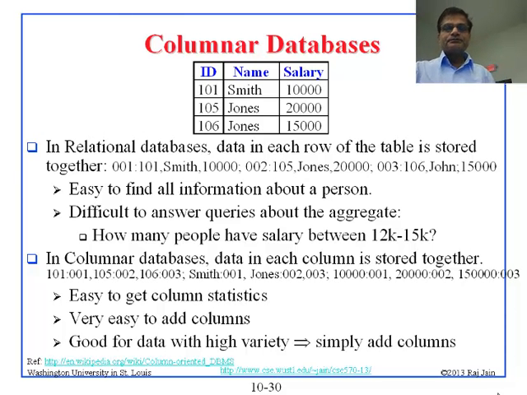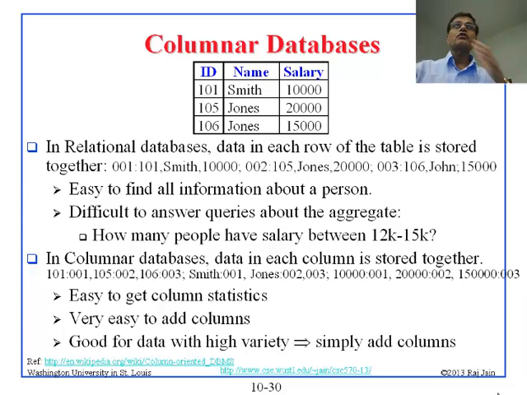All right. So then there are column databases. You can call them columnar or column oriented. The idea was that the previous relational databases were row oriented. Row oriented means how you store the data. If you have a relational database, it will store the whole record.